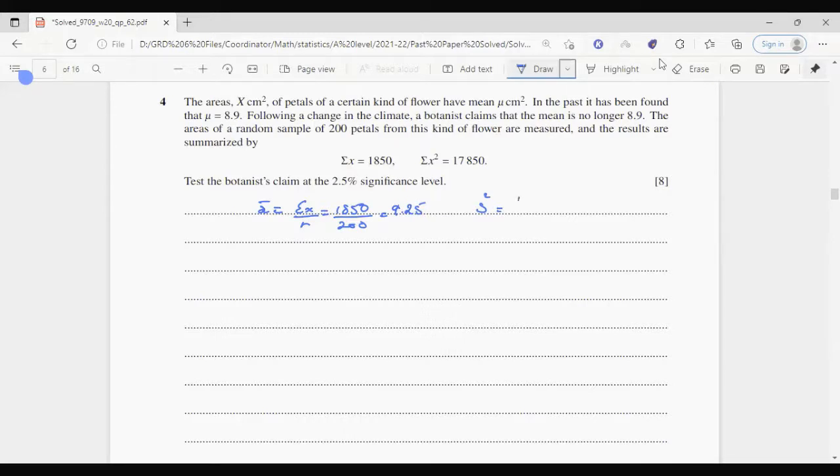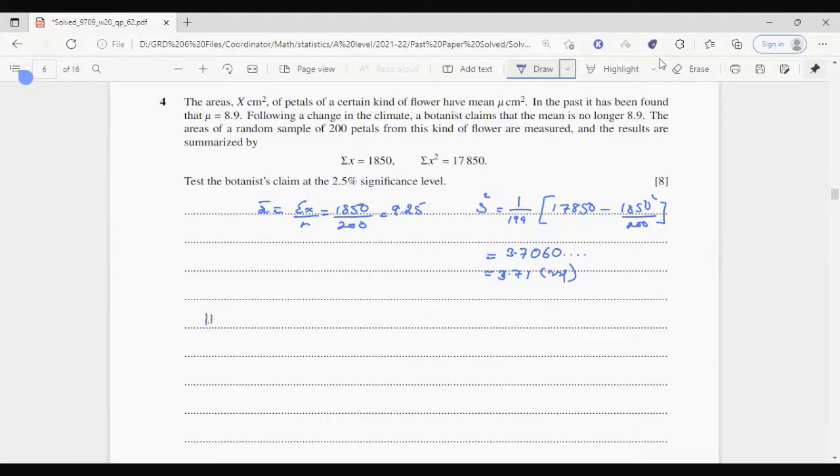Whereas s squared is 1 by 199 times 17850 minus 1850 squared over 200. That will give you 3.7060, which is approximately 3.71. So we got both these values.